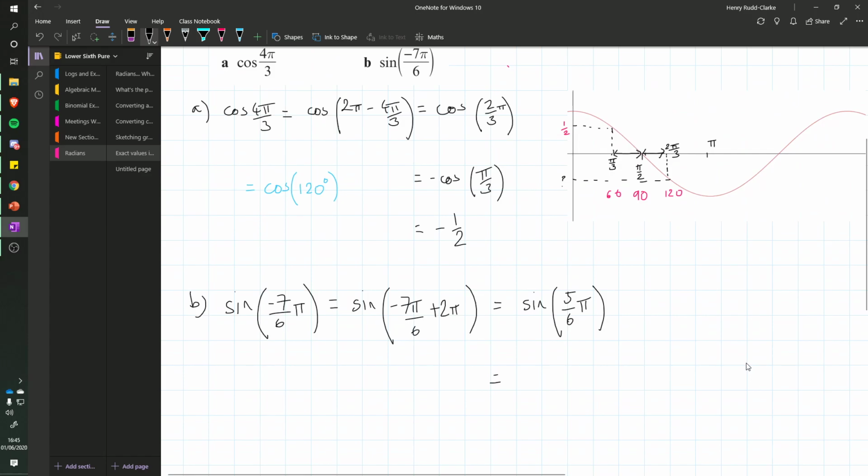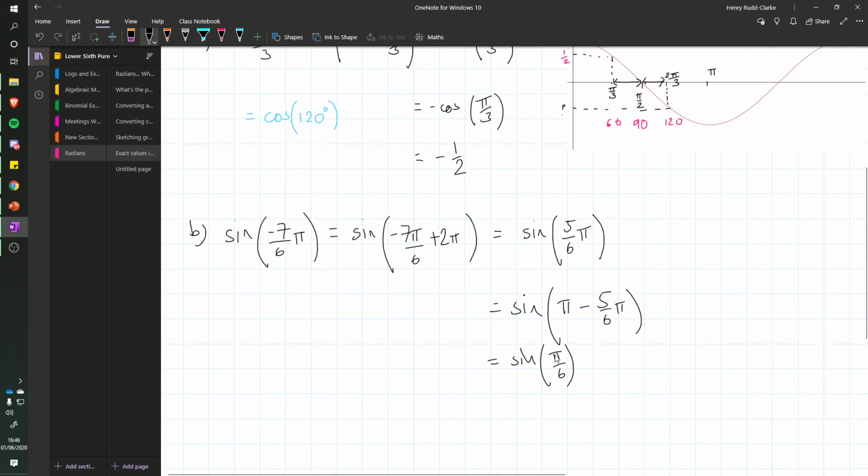So sine of pi minus 5 over 6 pi, which is sine of 1 pi over 6. And again, we can think, what's that in degrees? Oh, it's 30. What's sine of 30? Sine of 30 is a half. There you go.